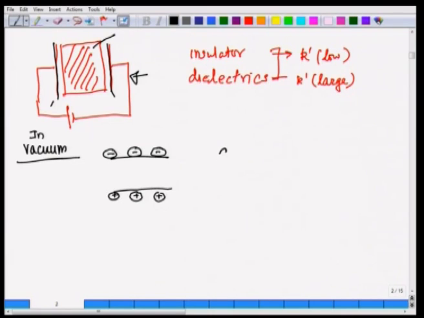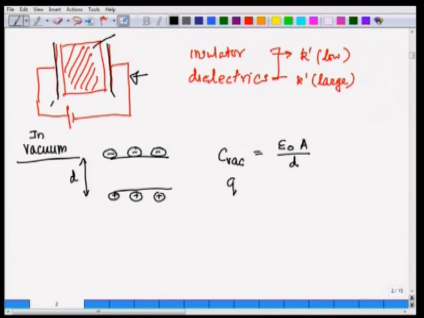What do we know? We know that capacitance in vacuum is equal to epsilon naught, the permittivity of free space, times A over D, where D is the distance between the plates and A is the area of the plates, which we suppose is very large. We also know that Q is capacitance times voltage.